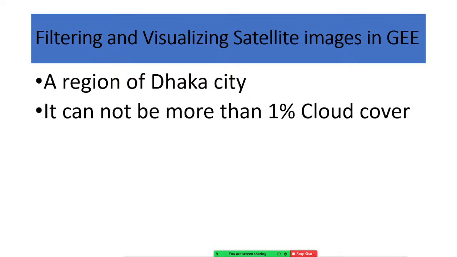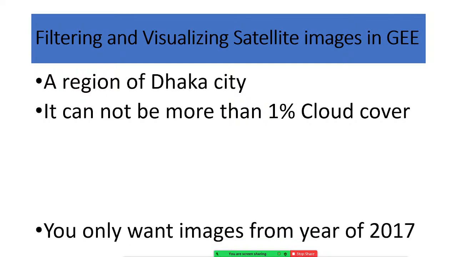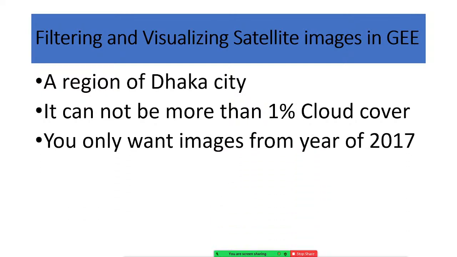Then if you want cloud cover not more than 1%, this is another factor for filtering your image properties or filter metadata. And you only want images for the year 2017 or another period. So mainly these three factors are needed when you filter any satellite images. Whether Landsat or Sentinel, we just follow these steps one by one.